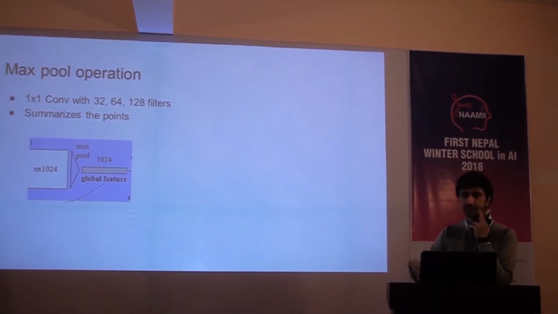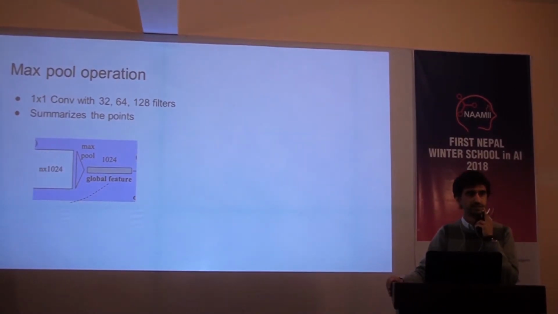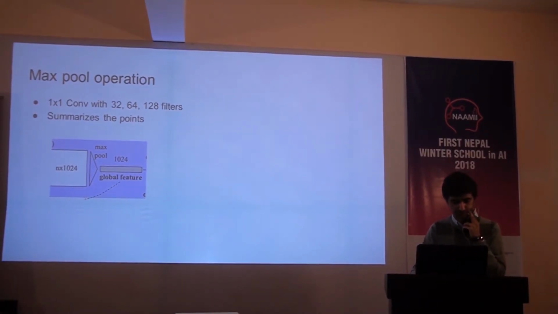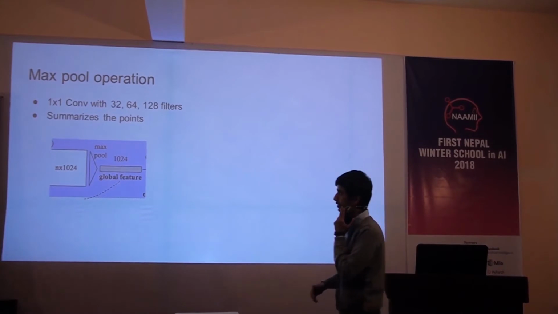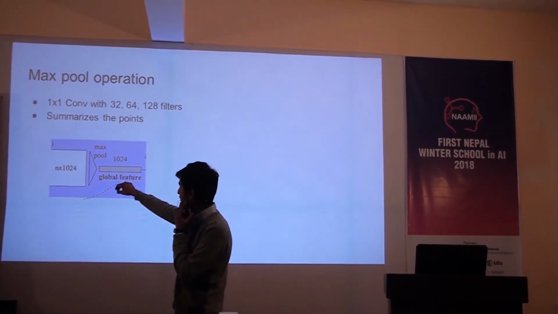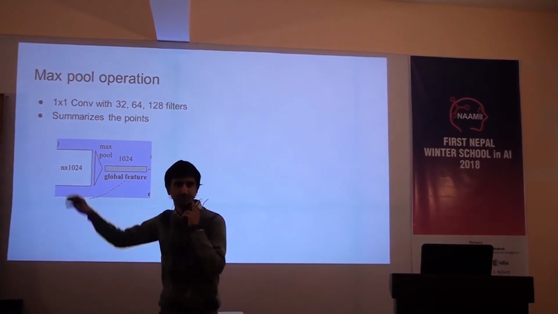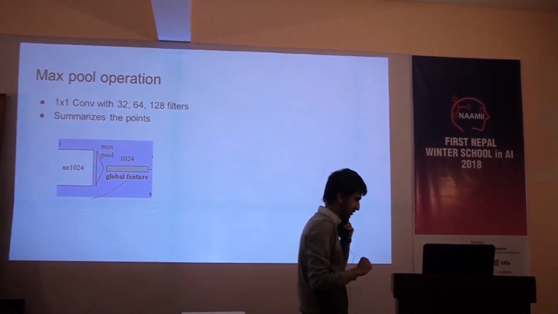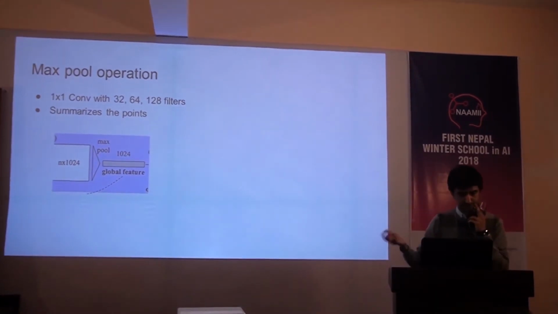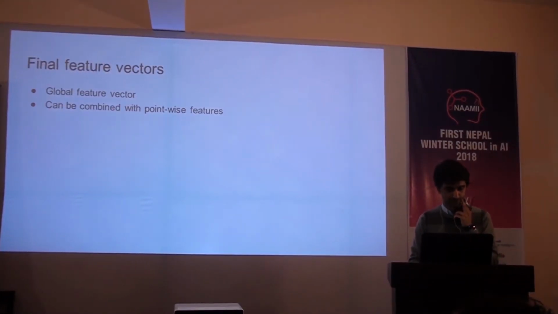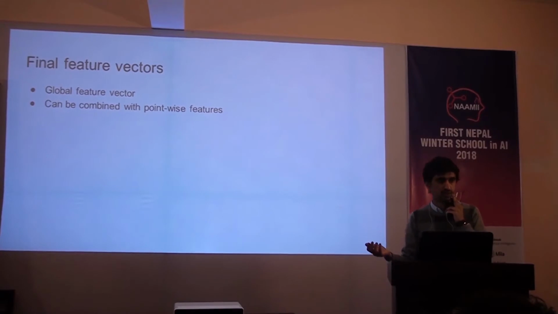Max pool is again a permutation invariant operation. It will summarize all these n point vectors into one global feature. Finally, you have a global feature vector.